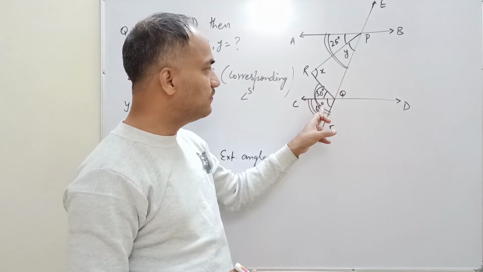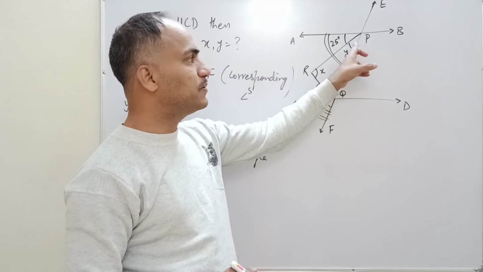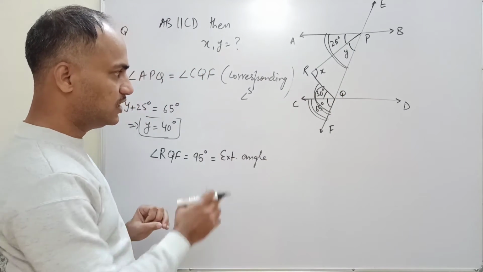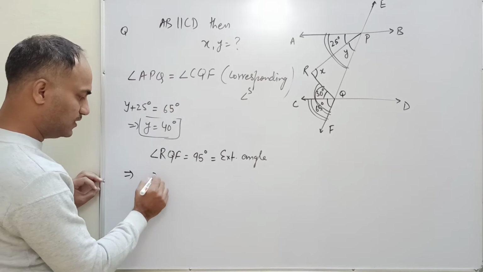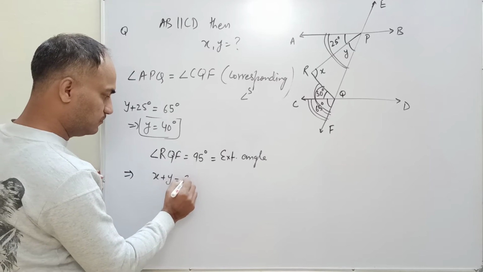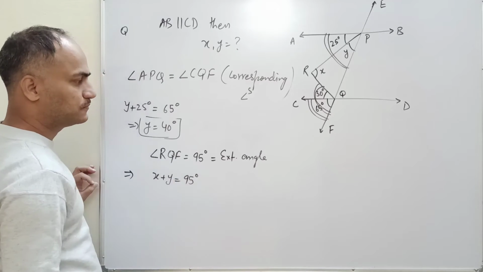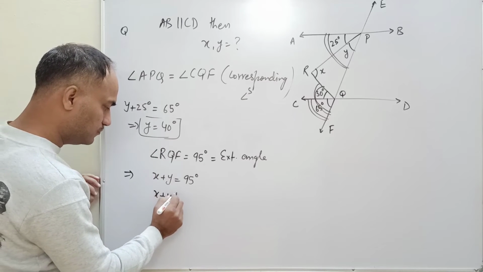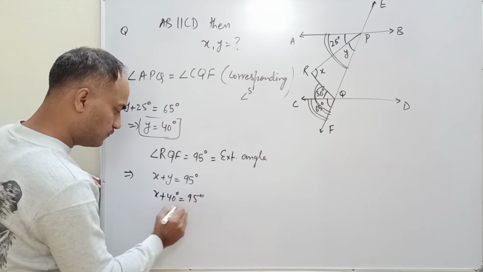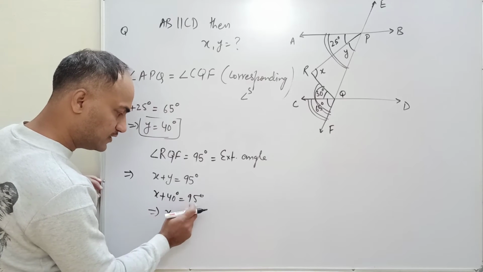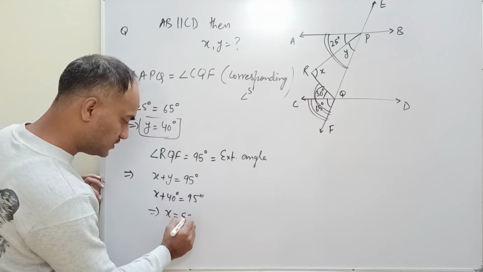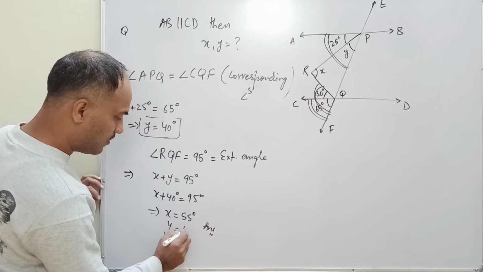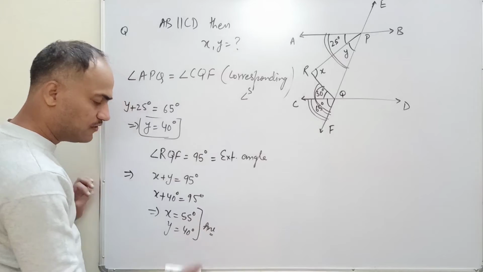It means this angle will be equal to angle R plus angle P. So x plus y will be equal to 95. y we have already got. So from here, x is 95 minus 40, that is 55 degrees. So x and y both we have got.